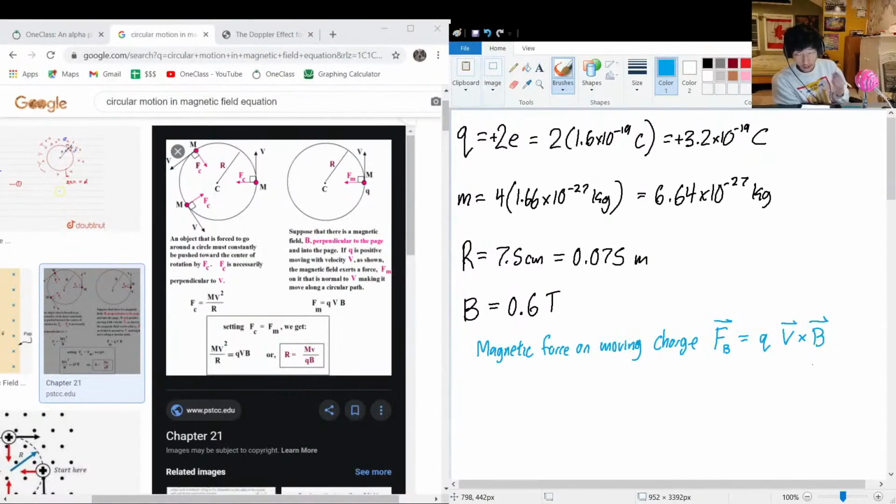And for circular motion, the centripetal force, Fc as a vector, is going to be mass times velocity squared over r.